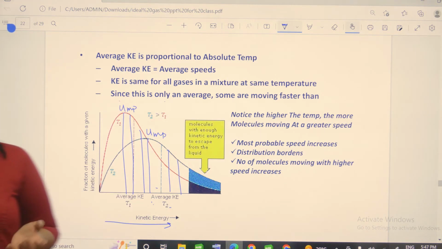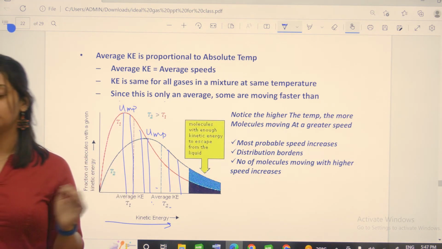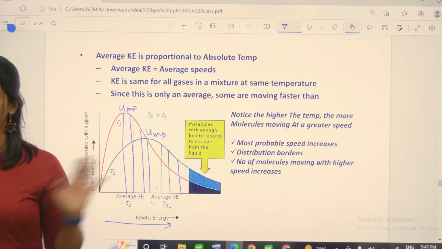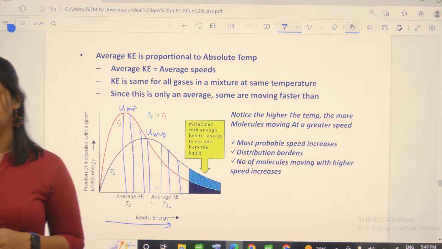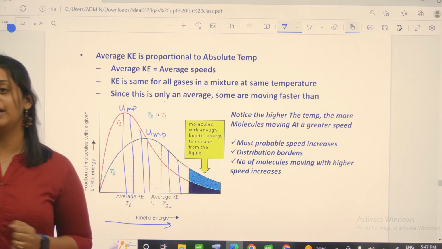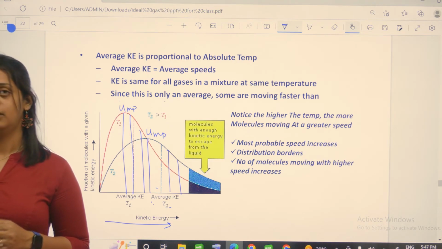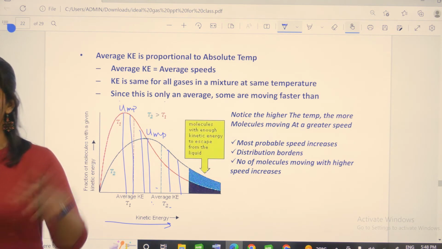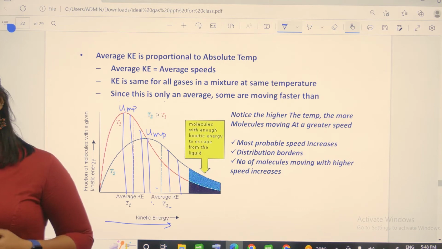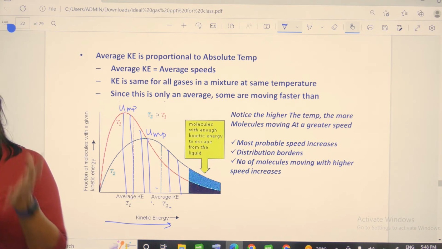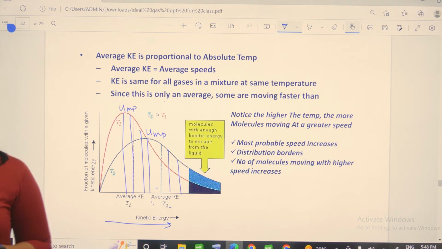So if at all you get a question, what happens to the average speed of a gas if the temperature is increased by 10 degree? Decreases, increases, remains the same, or doubles? You have all these options.